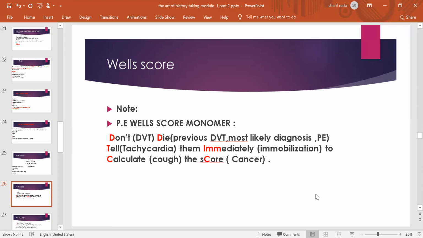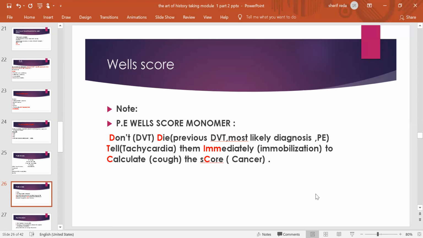The second D stands for the previous DVT, or the most likely DVT, or previous PE. T stands for tachycardia. IMM stands for immobilization or recent operation. Calculate, the C here stands for cough, and the score, the C here stands for cancer.